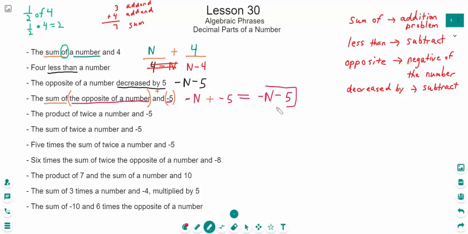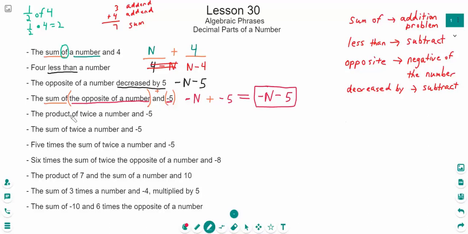That is the translation of this English expression into an algebraic expression. All right? So again, the key on this one is recognizing that we have the sum of something, and you need to first figure out what part of this expression is the first addend and what part of this expression is the second addend for that sum. Okay? All right. Let's go on to the next one here.